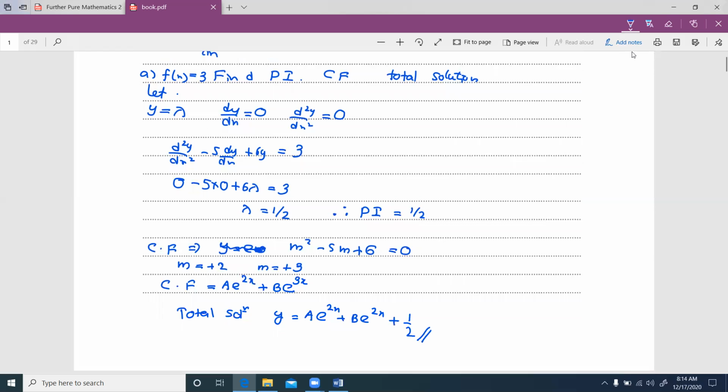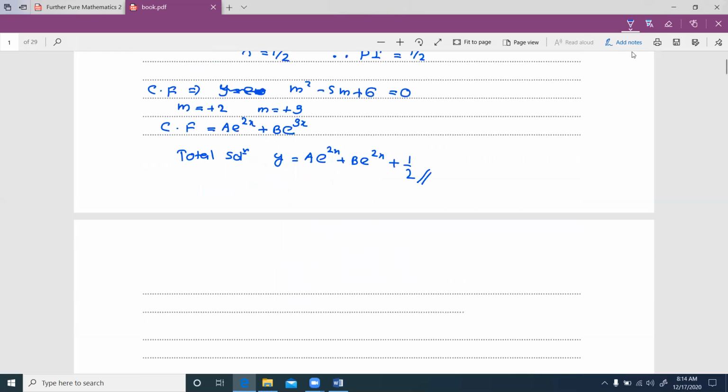Okay. Then in part B, they have given this equation in the same question: d squared y by dx squared minus 5 dy by dx plus 6y equals f(x).